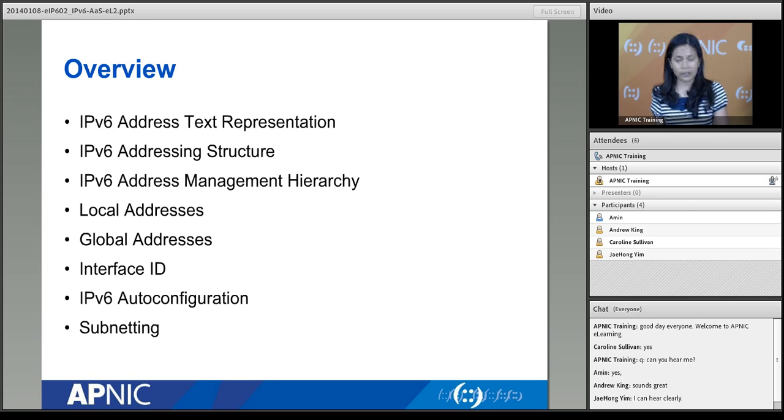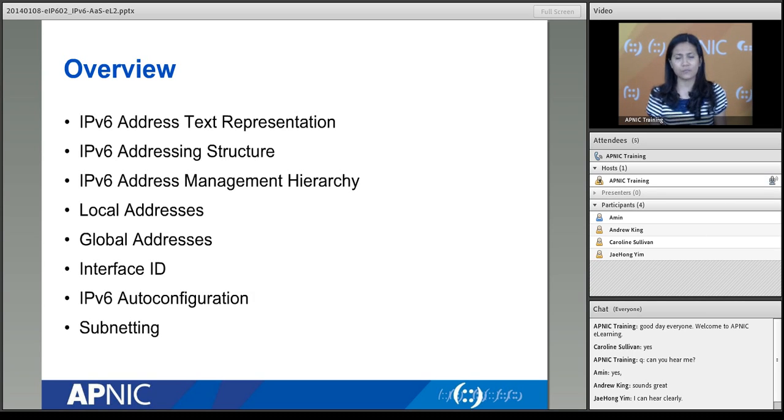Now here, we will look more closely at the text representation. We've discussed how to trim it down, but let's give some examples and see different scenarios in how we can do that trimming. Also, we will look at the IPv6 addressing structure and address management hierarchy.